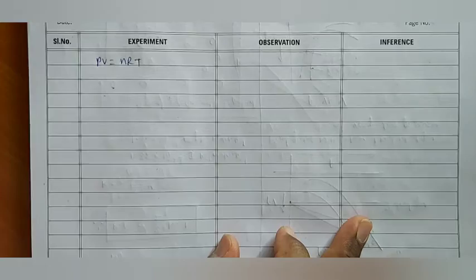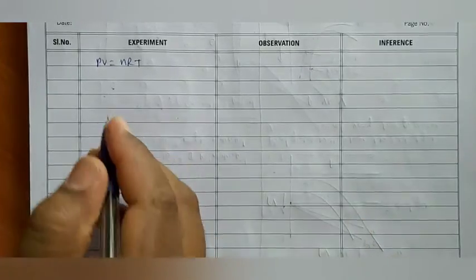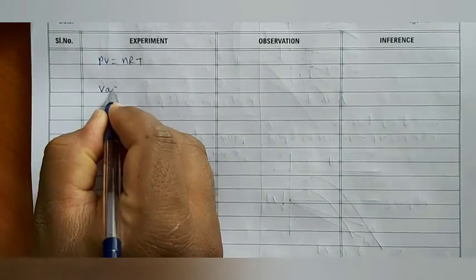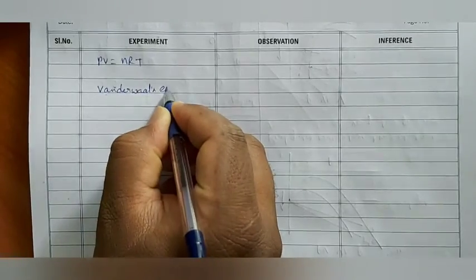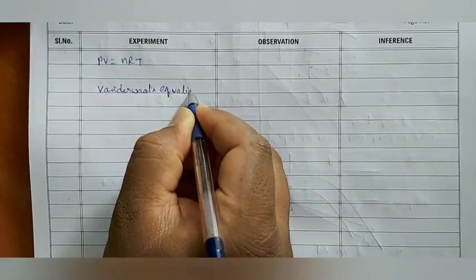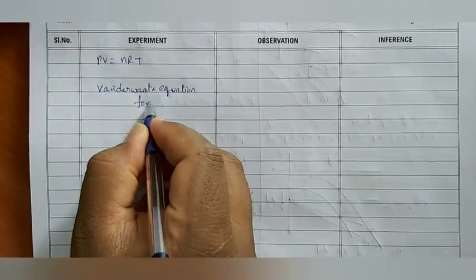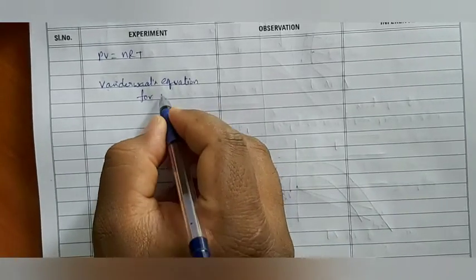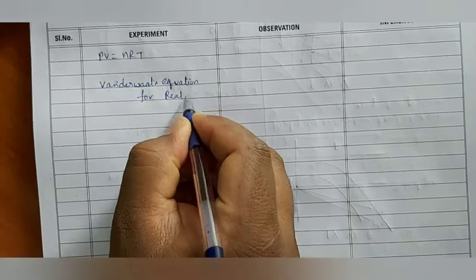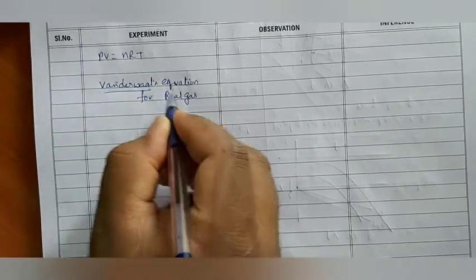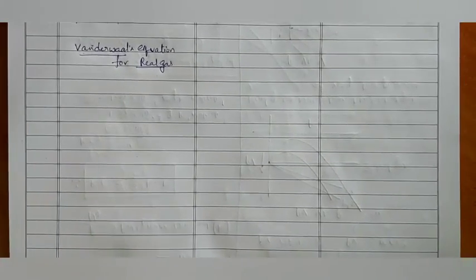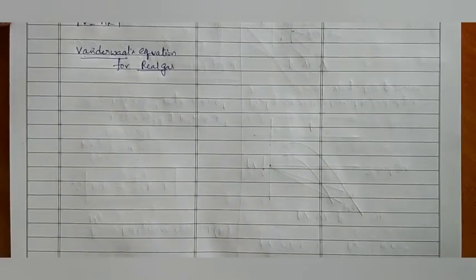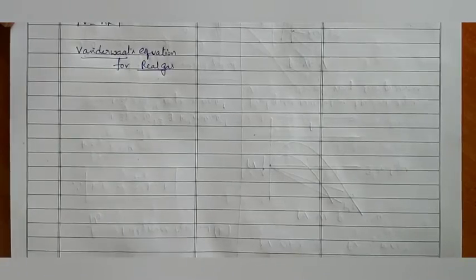That is called real gas equation, which is also called Van der Waals equation. Van der Waals equation for real gas. To obtain that Van der Waals equation for real gas, we need to correct two terms. Those are pressure and volume.